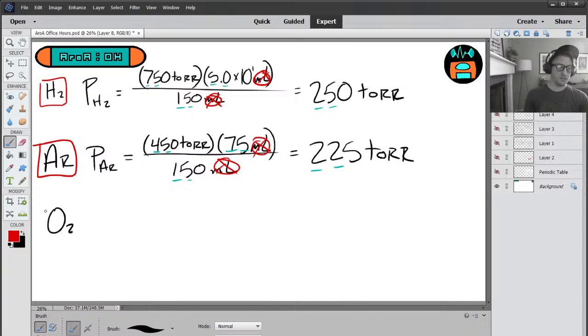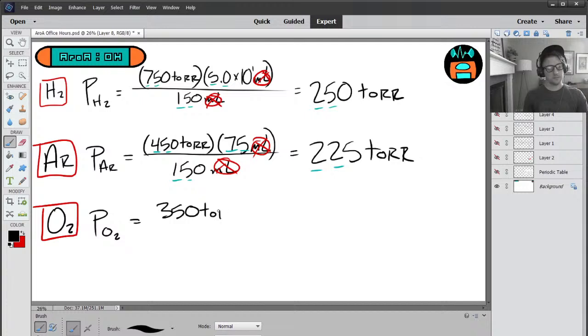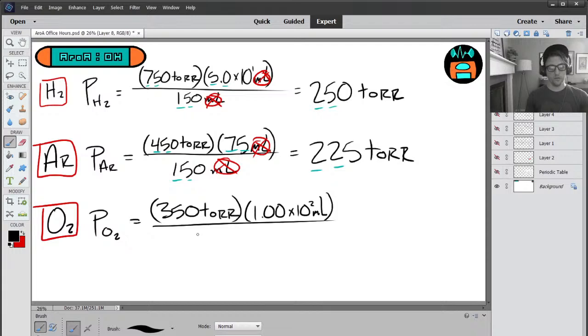Let's take a look at oxygen. The partial pressure of oxygen is equal to its pressure, 350, times its volume, initial pressure times initial volume over final volume.